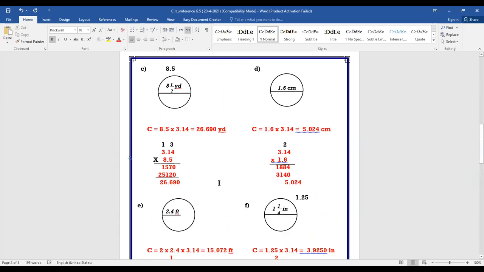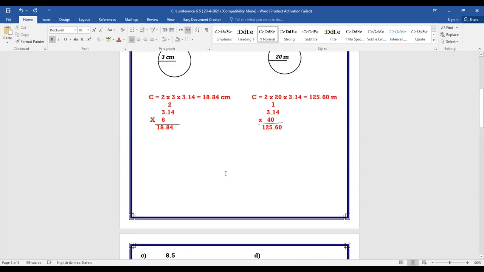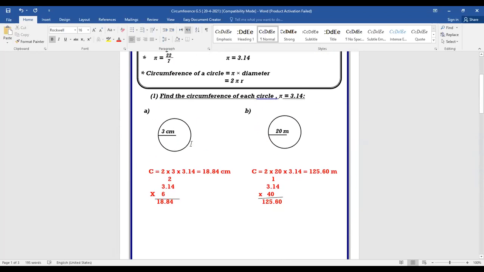Okay, again quickly because we have only 2 minutes. What is the meaning of circumference? The circumference is the perimeter of the circle. It is the distance around the circle. How can you find it? We use these two formulas. If you have the radius, multiply 2 by 3.14, multiply the radius.